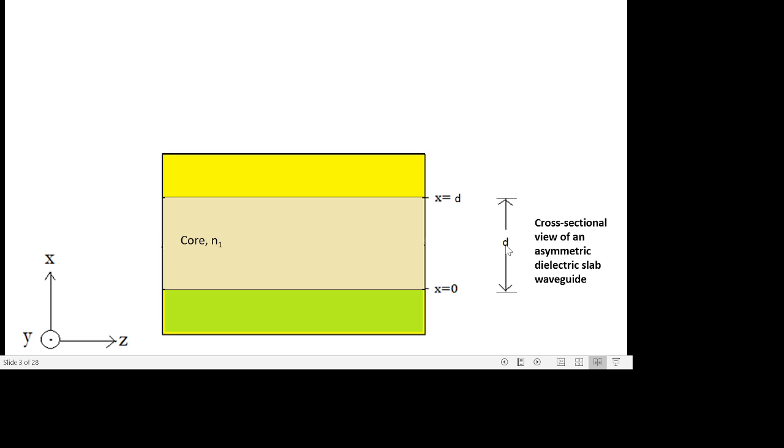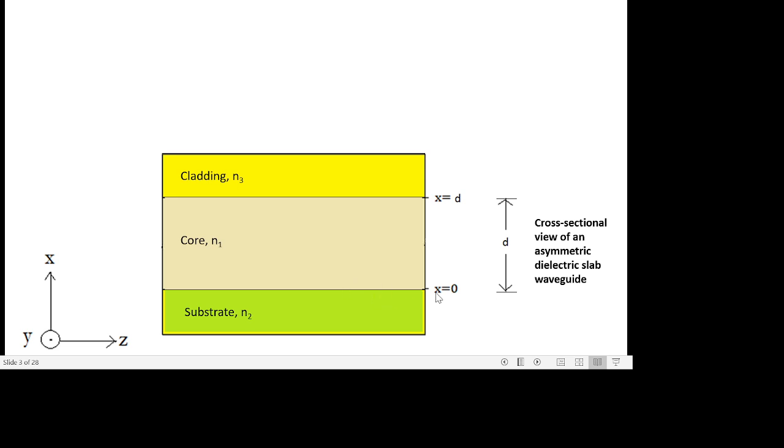The thickness of the core is d, and the bottom layer is the substrate layer. It has a refractive index n2. The upper layer is the cladding layer. It has a refractive index n3.